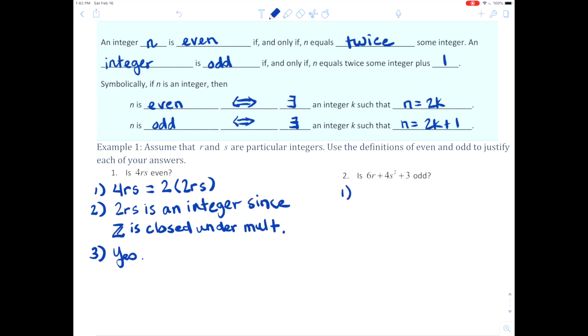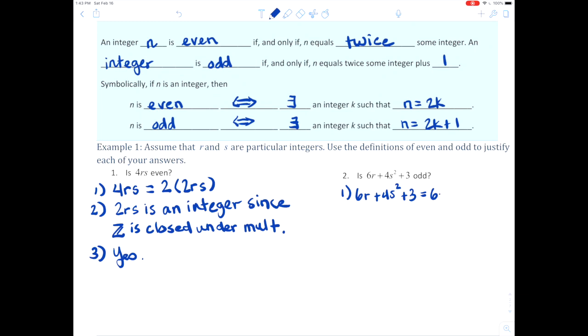Is 6r plus 4s squared plus 3 odd? Well, could we rewrite this somehow? I mean, remember, for something to be odd, it needs to be what? 2 times some integer plus 1, right? So I want to get this where I have a plus 1.